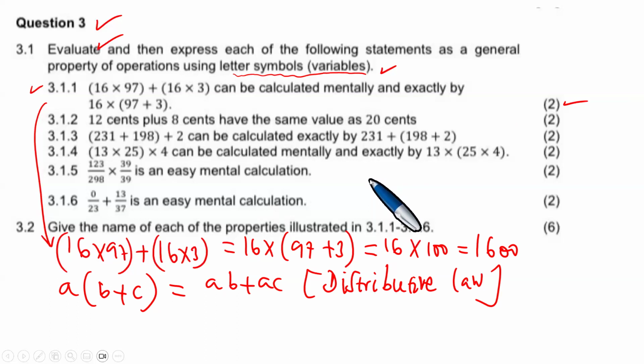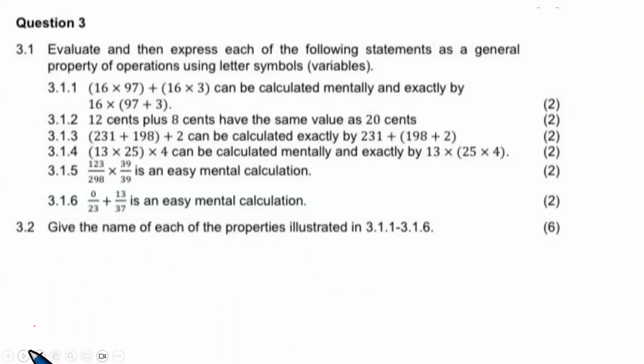In 3.1.2, if you say 12 cents and 8 cents have the same value as 20 cents, what then do we do? And how do we therefore express this one? How do we evaluate this?